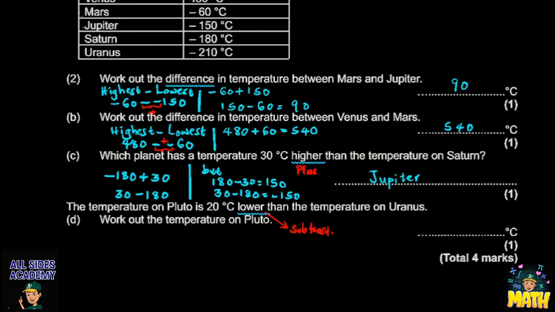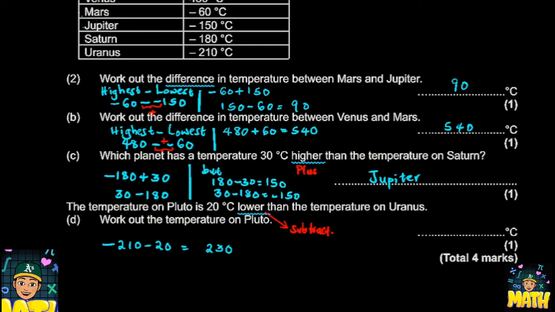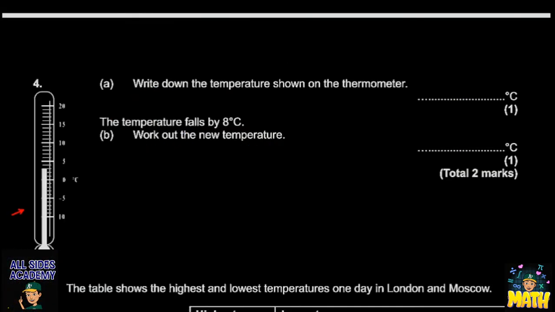So we write that as -210, that is the temperature in Uranus. -210, take away 20 degrees Celsius. So that gives us -230. Yeah, so that is our temperature.